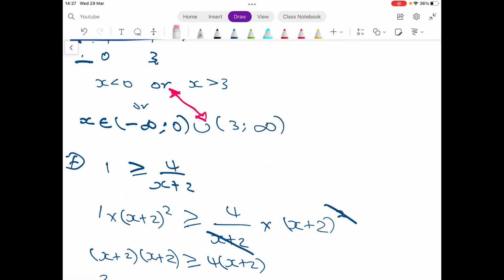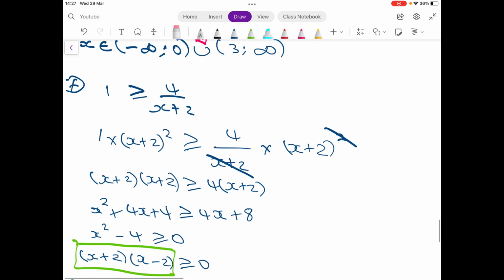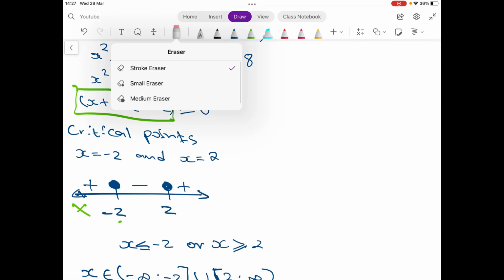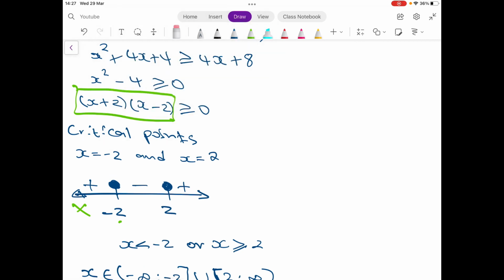If x is negative 2 there, that means the right hand side is divided by 0, which means it is undefined. So x cannot be negative 2. I hope you get that, because it will make the inequality undefined. So you need to come back to your solution and exclude this negative 2, just like that. That will give you the final solution.